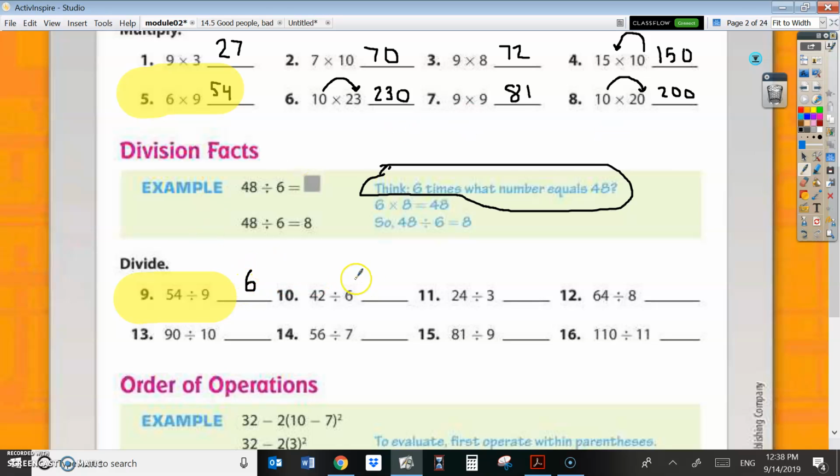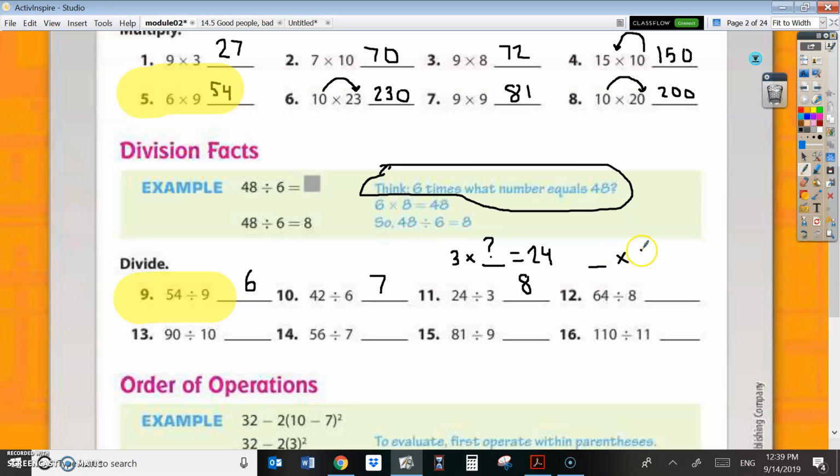6, 7. Now think. 3 times something equals 24. What would that be? 8.